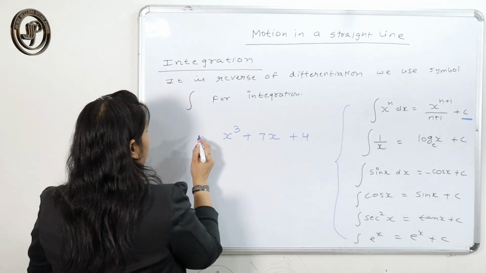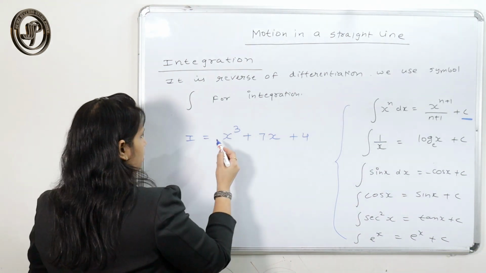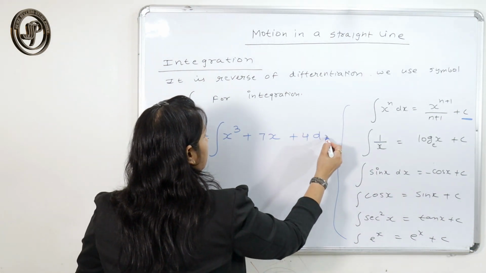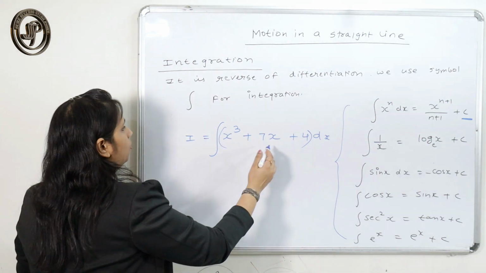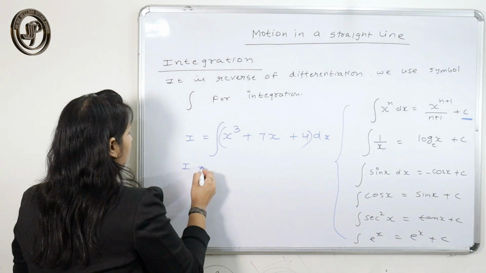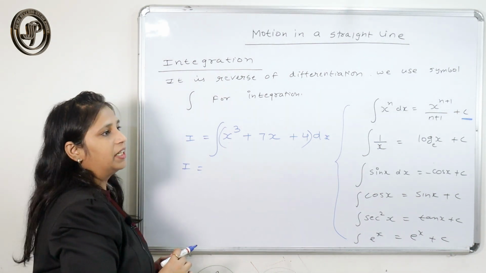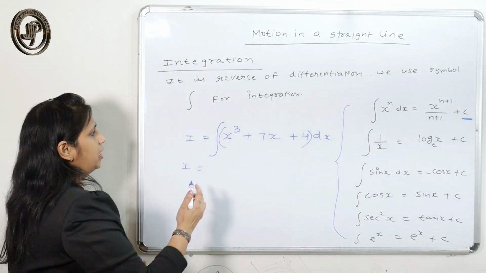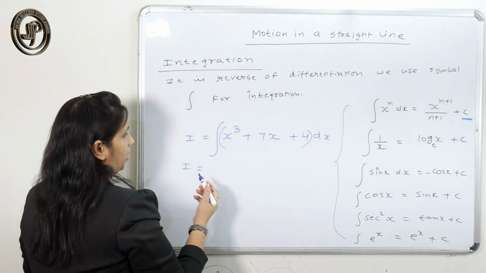I can use the symbol I for the result and integrate it this way. What would be the integration of x raised to power 3? Here n is 3, and I need to apply this formula.